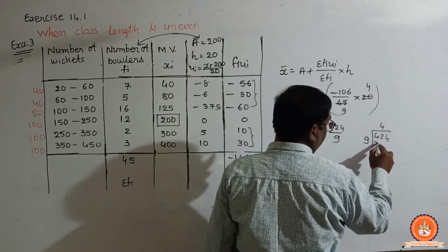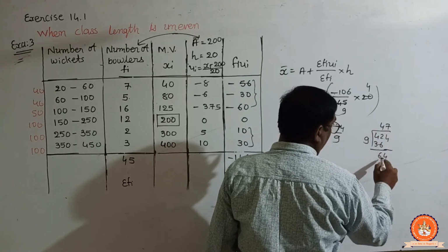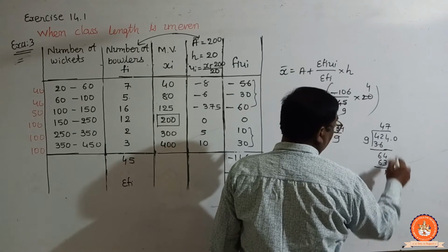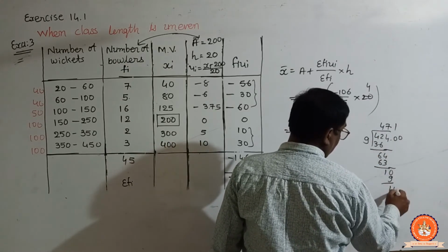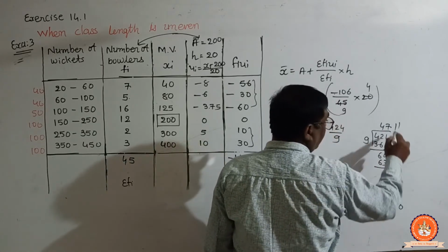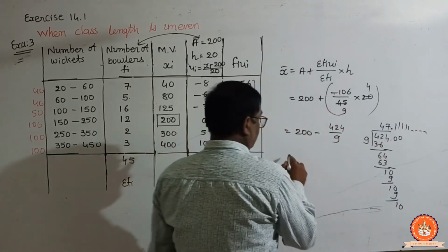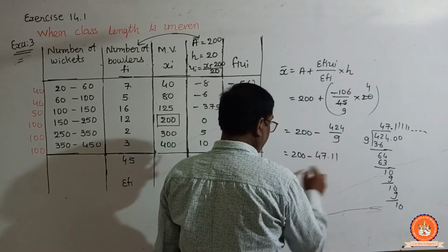9 4s are 36. 9 7s are 63. 9 1s are 9. 9 1s are 9 1 0 9. So it will be 47.111111. Okay. So it's 200 minus 47.11.